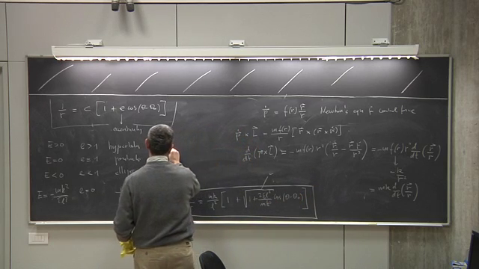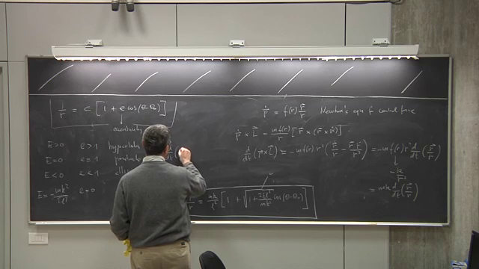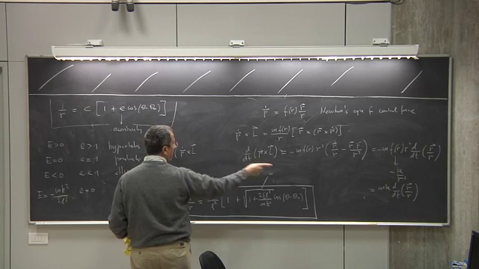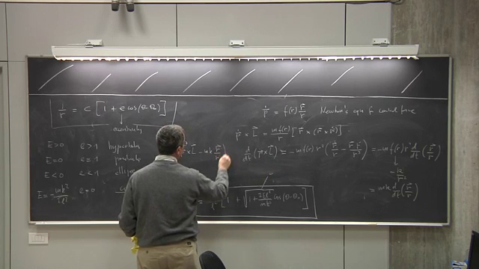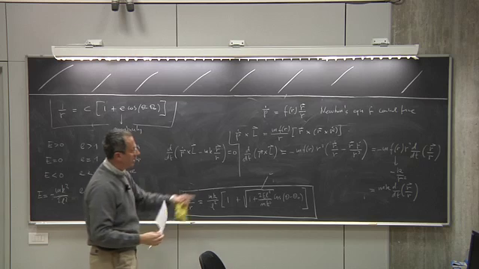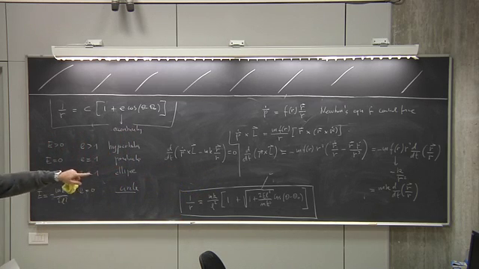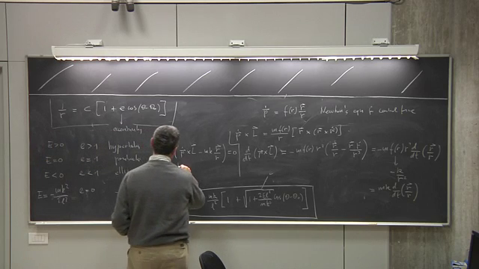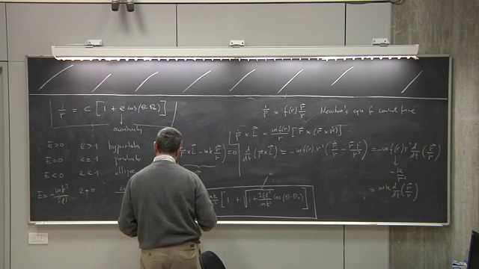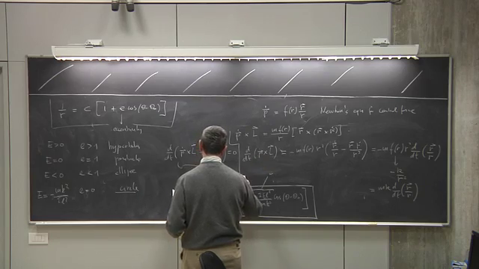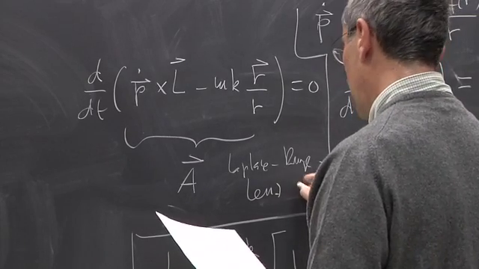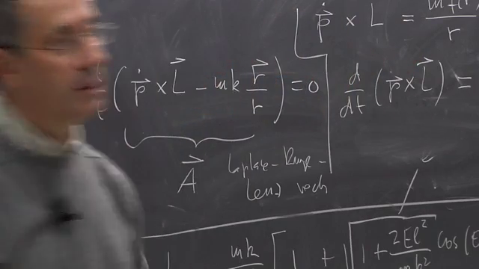Because if I consider the time derivative of P cross L minus m k r over r, this is equal to 0. I just pull the right-hand side to the left, and I write that combination. This combination is called A, and is the Laplace-Runge-Lenz vector, and it's conserved for the Kepler problem.